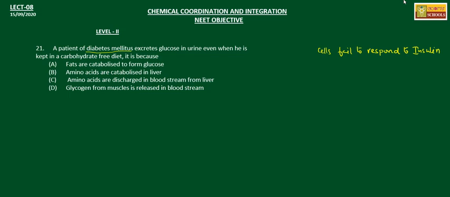As a result, there will be a lot of glucose in the blood. Because of this, the glucose will not be taken from the blood and there will be a lot of glucose in the blood. So let's see the options.